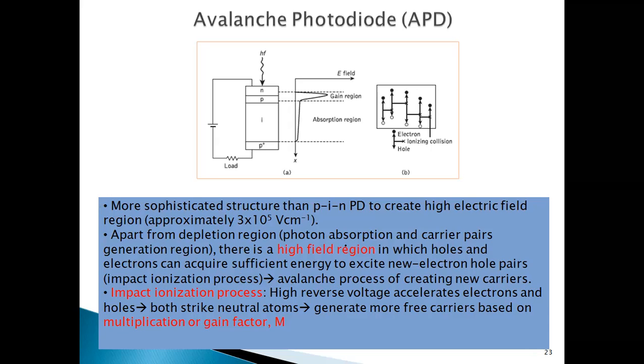Things to be remembered for the case of APD is the formation of a high field region, where we have a collision of the carrier pairs with the atoms, which will create new electron hole pairs by a process known as impact ionization.